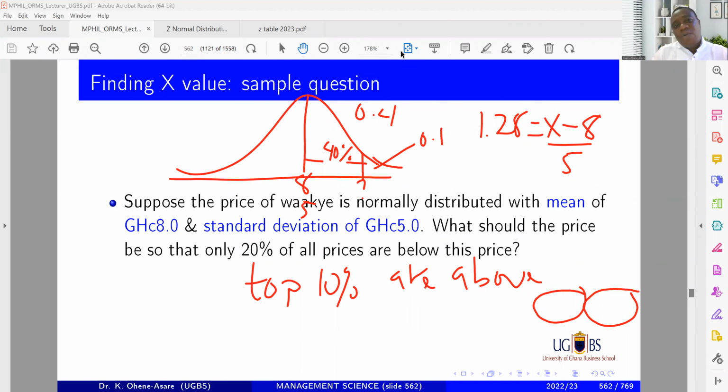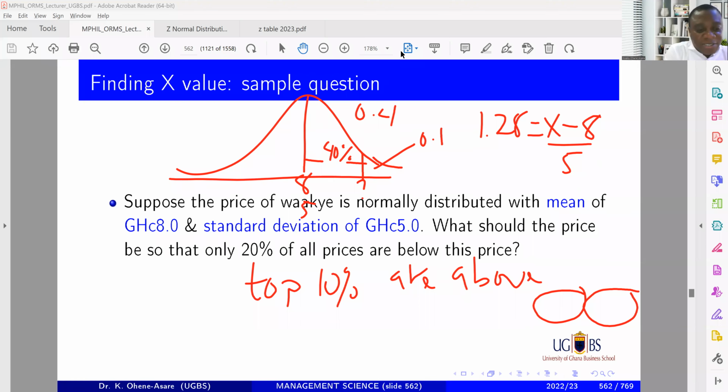Now, what if the question had been, let me do 70%. I want you to tell me a certain price, and that price is such that 70% of all prices are above this price.